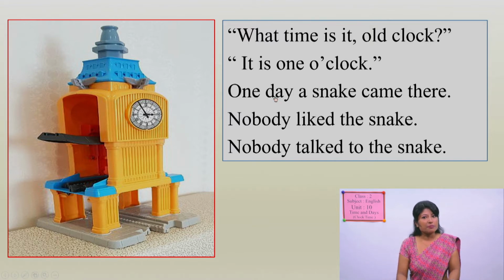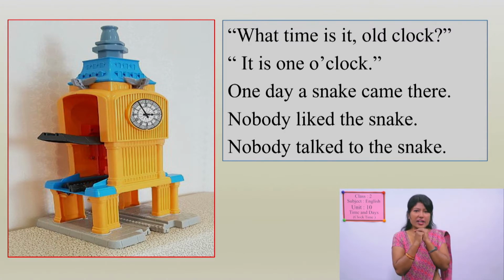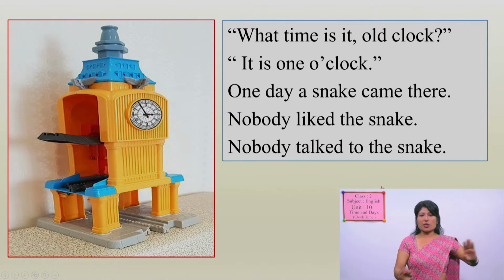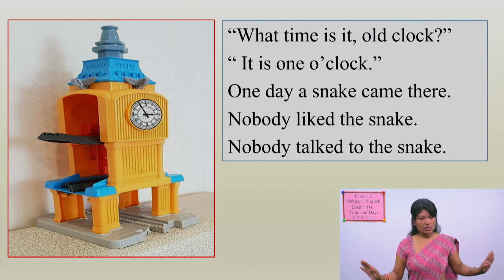One day, a snake came there. Nobody liked the snake. Do you like snake? I was so afraid of snake. I don't like it. I'm afraid of it. Nobody talked to the snake. That's why nobody liked it.